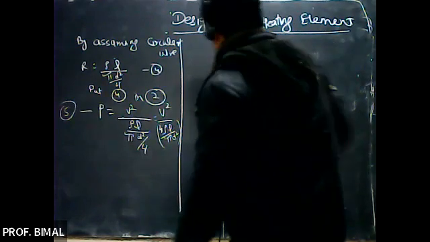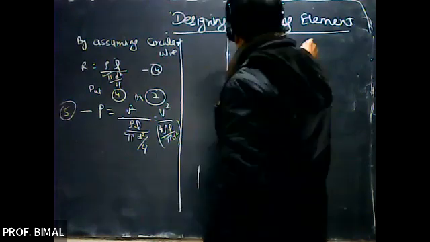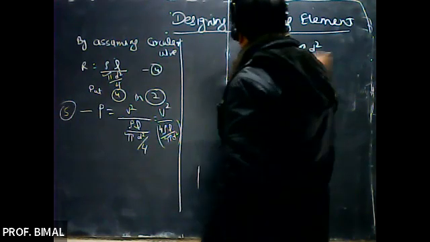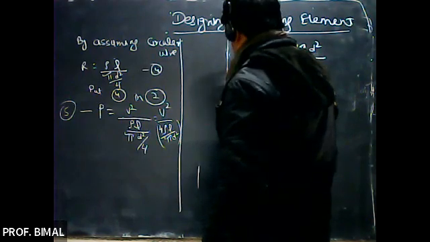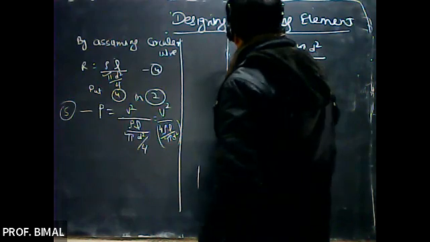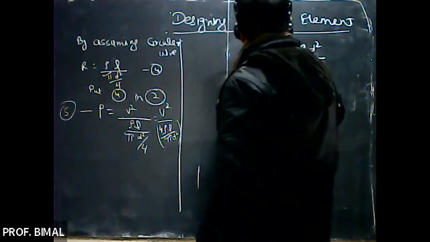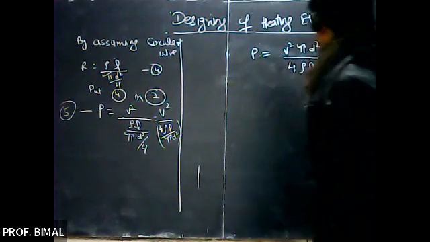From this equation itself, P is equal to V square pi d square over 4 rho L, right?